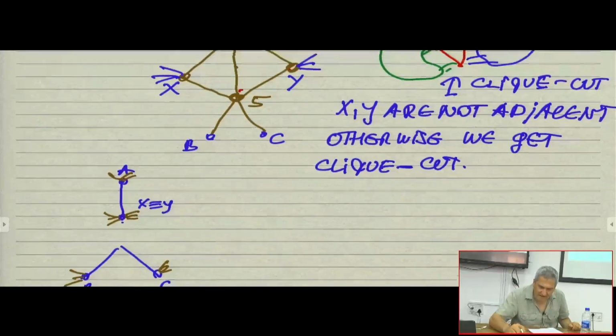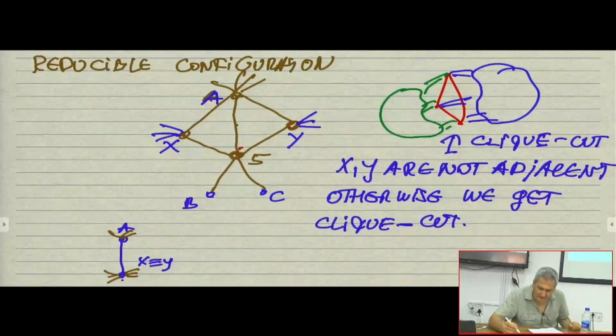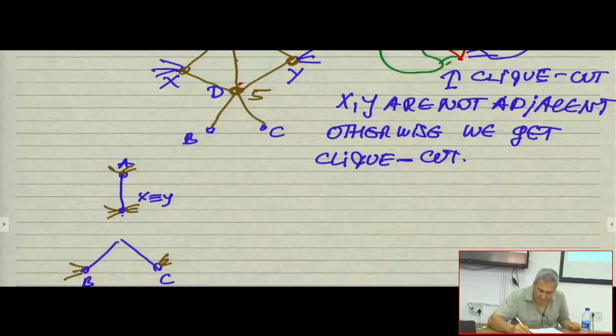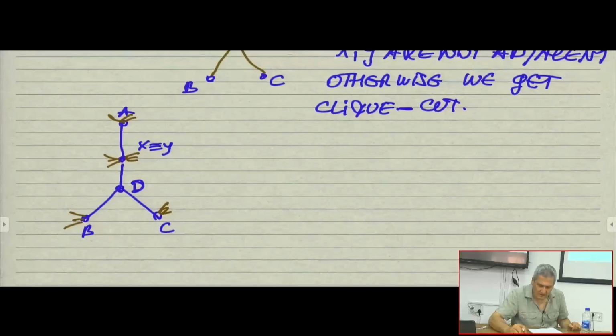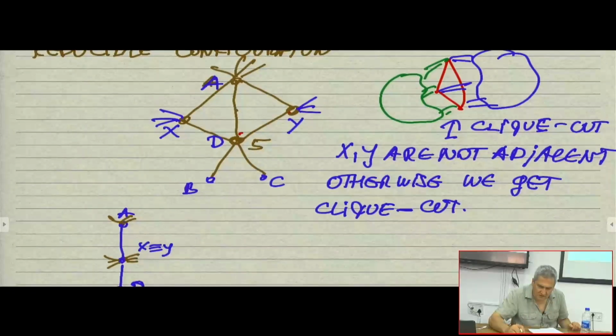My 5 vertex, I will denote it with D. Sorry? Subdividing AD or what? I remove A and D. I remove A and D and then identify X and Y.